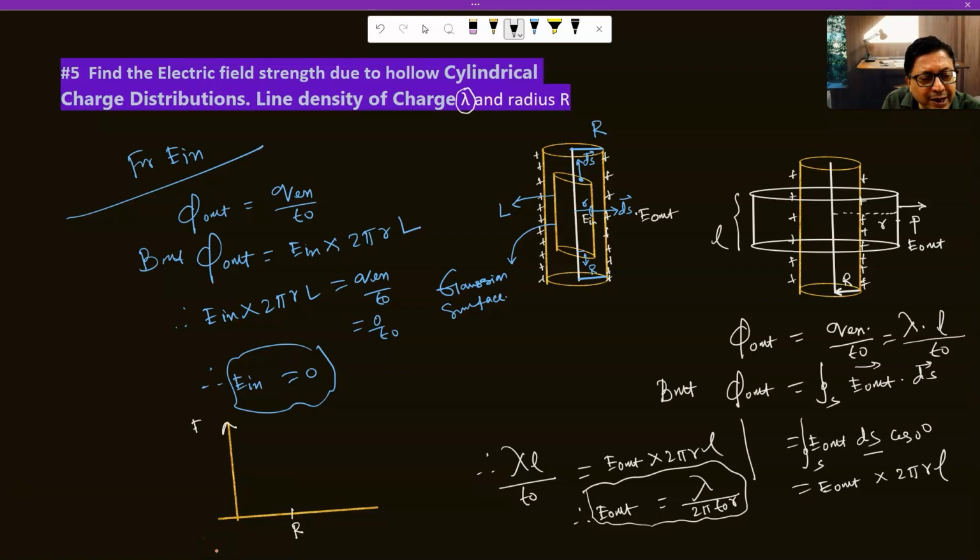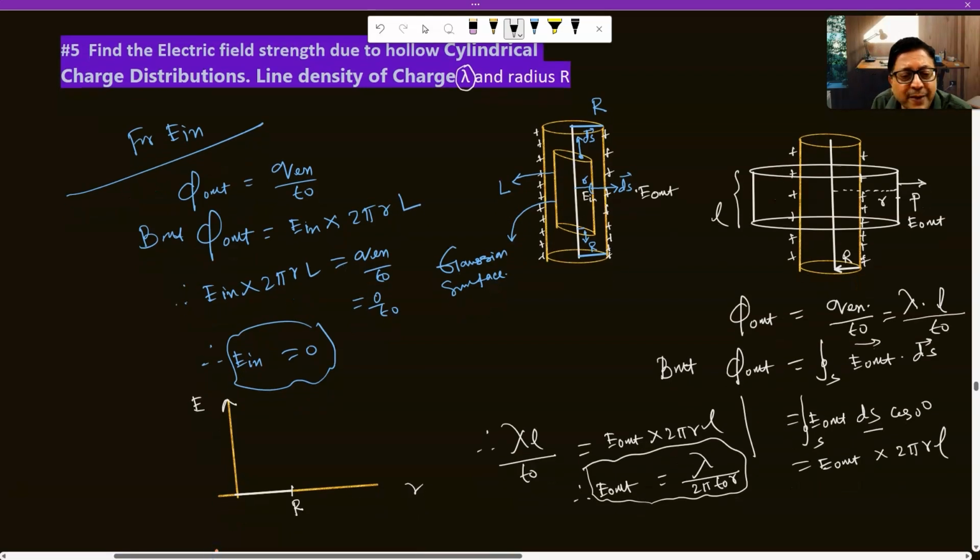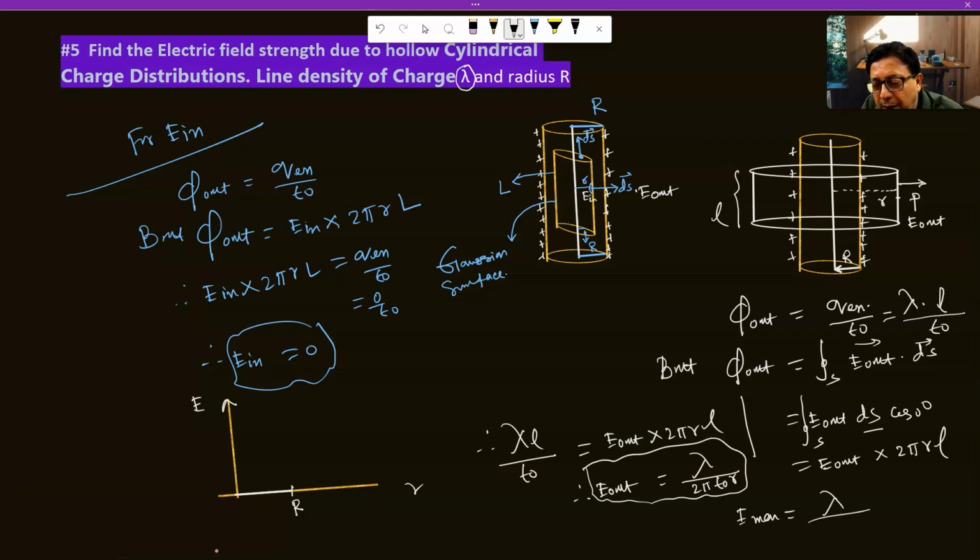Electric field along the y-axis, this is R, till R it will be 0. After this, E out has maximum value when r is equal to R. If you put r equal to R here, E out is maximum. So E max equal to lambda by 2 pi epsilon 0 big R. It will be there here.